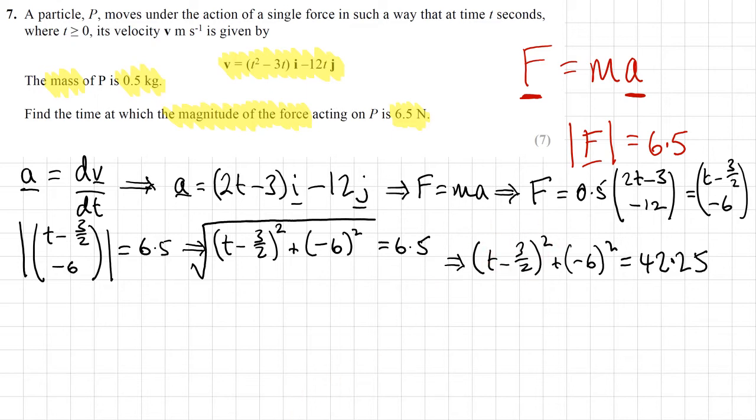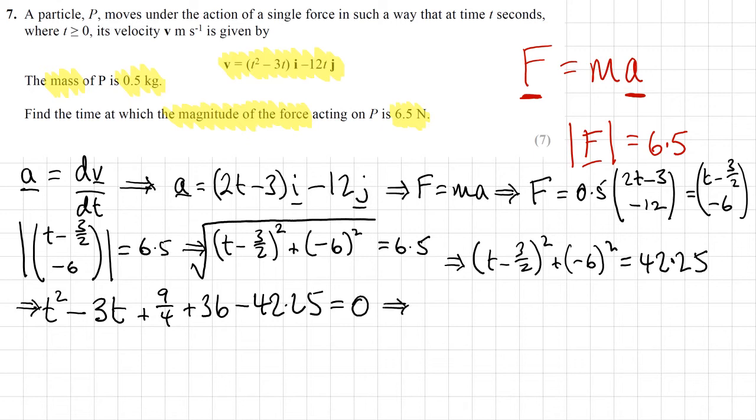Right, let's simplify all of this. Let's expand the brackets. So if I do that, I will get t squared, and then t times the 3 over 2 and 3 over 2 again, so minus 3t, and then plus 9 over 4 plus 36, and let's move over 42.25. That will all equal to 0. And then what I'll end up with is t squared minus 3t, and then all of these numbers put together becomes minus 4 is equal to 0.